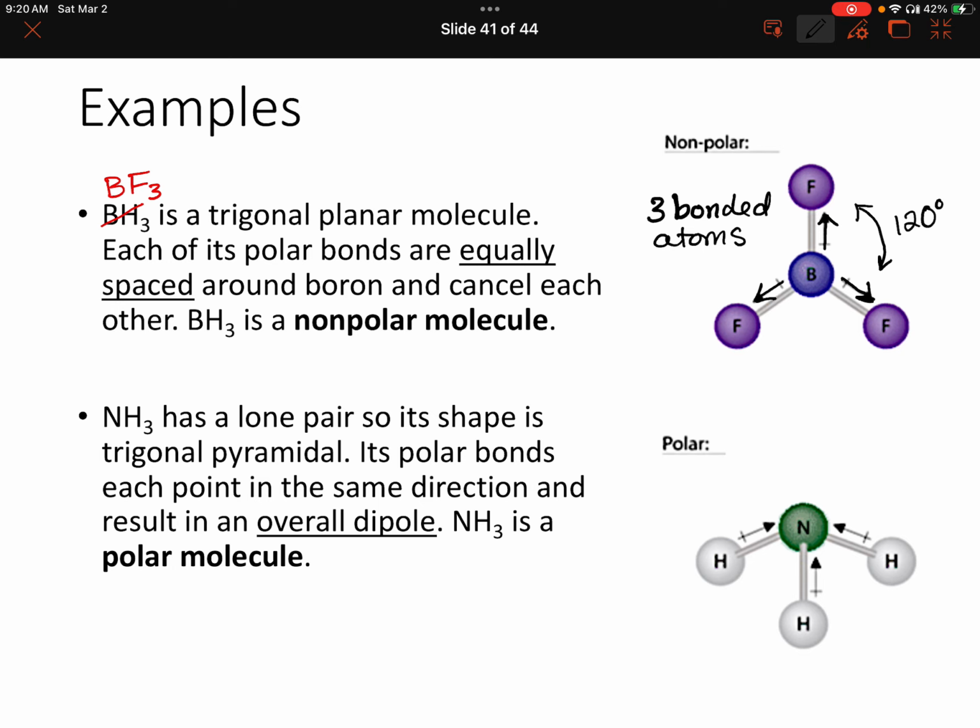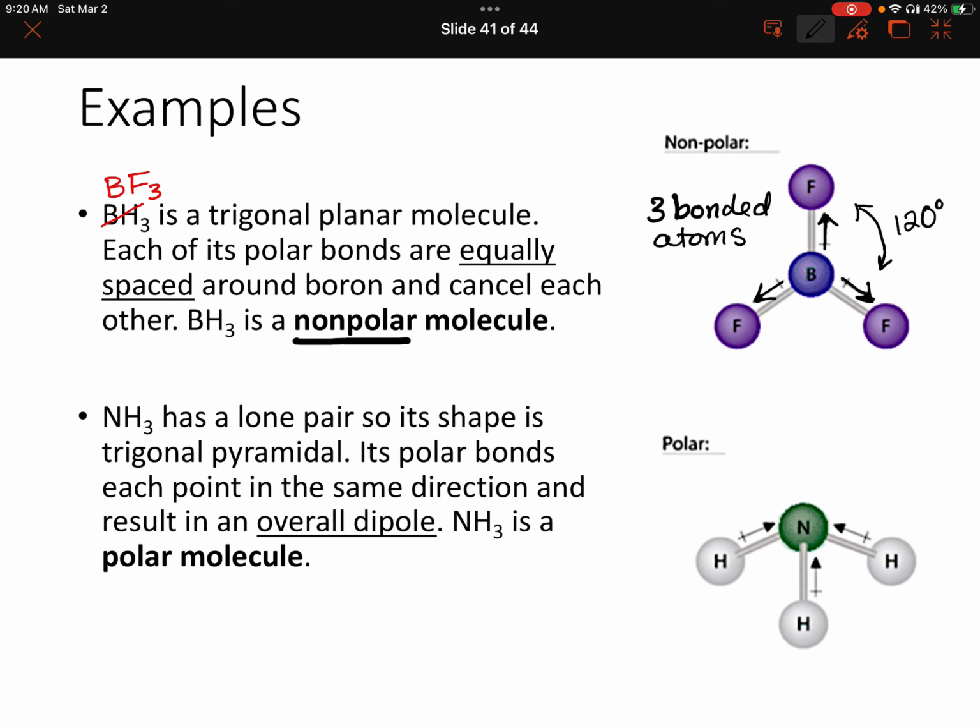So electrons in this molecule are going to hang out with fluorine more often than boron. But because those individual bonds are equally spaced, even though they're polar, they're going to cancel each other out. So the overall molecule is non-polar.